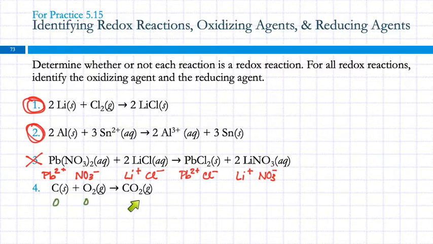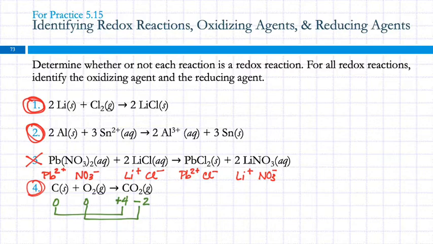And in this compound, who gets their choice? Oxygen. So oxygen chooses -2, and carbon has to be +4. So carbon changed and oxygen changed. Is that a redox reaction? Yeah, it is.